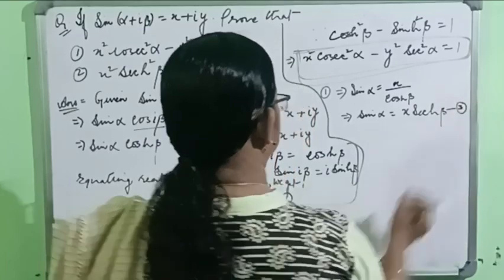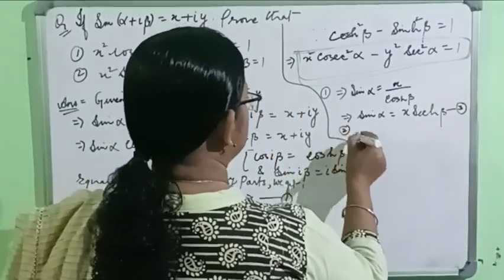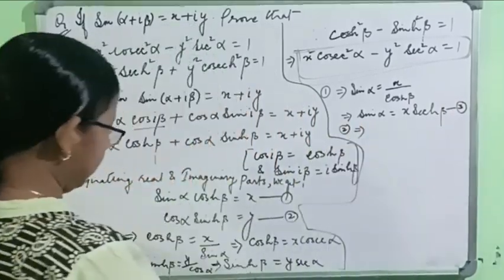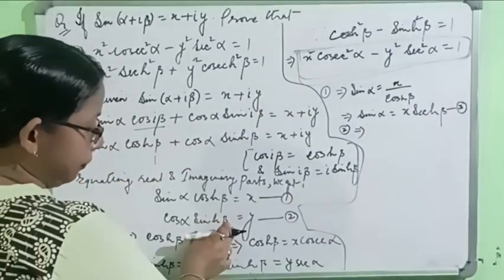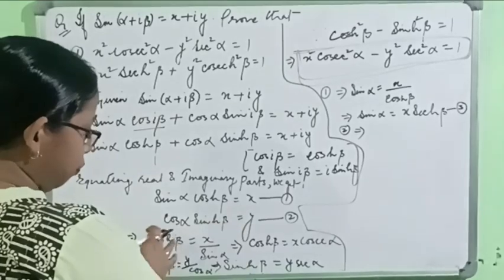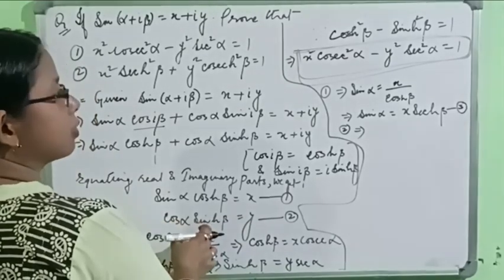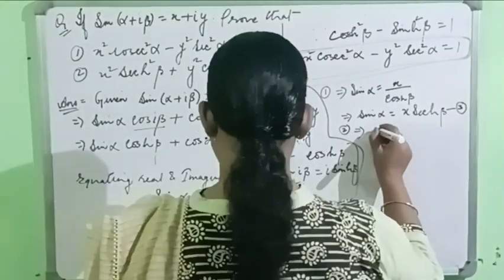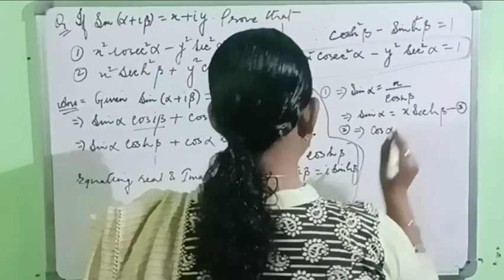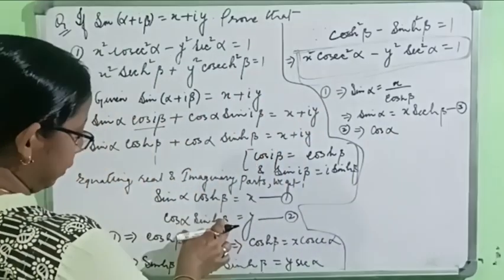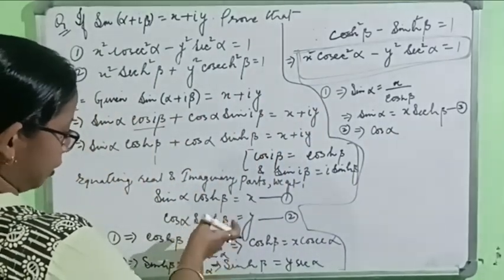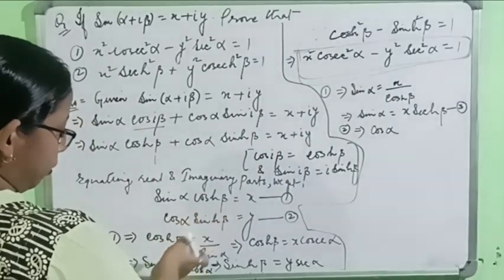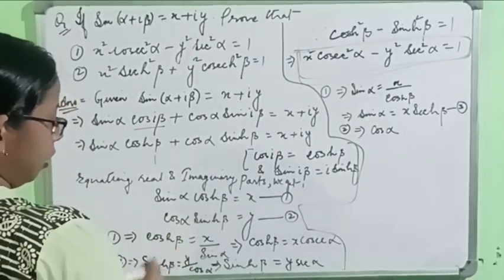Again, this time I will divide equation 2 by sin hyperbolic beta. Then I have cos alpha in the left hand side. Dividing this equation by sin hyperbolic beta, sin hyperbolic beta in numerator and denominator will be cancelled out.